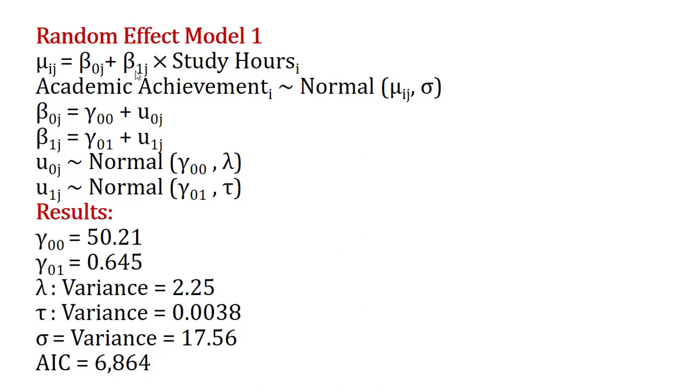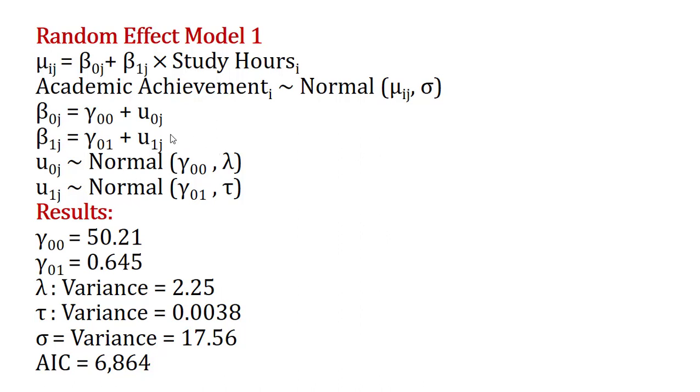So for beta 1s, we are going to have 4 beta 1s, 1 per region, and that comes from a fixed effect, which would be the slope that shows the effect of study hours on academic achievement of the whole sample, plus the difference between each slope of each region and the slope of the whole sample.